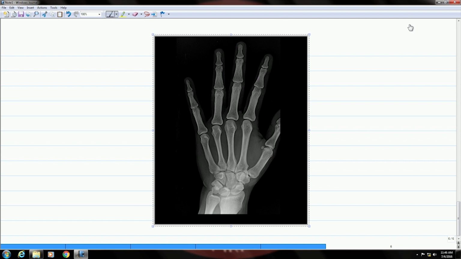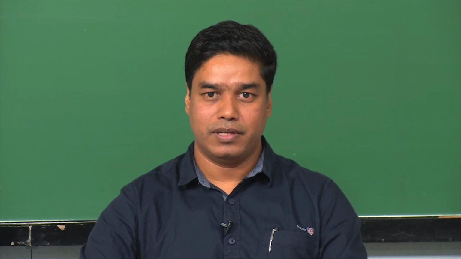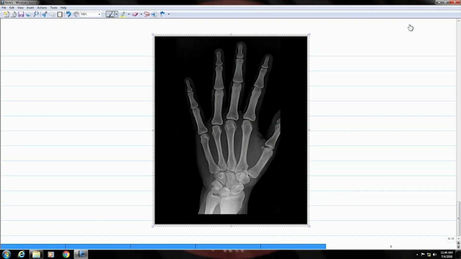I believe you all have seen this picture at some point in your life, if not of your own body parts, maybe of somebody else's, but you all have seen this, right. So, this is a medical radiograph of our hand, and you can see the bones clearly. Okay.